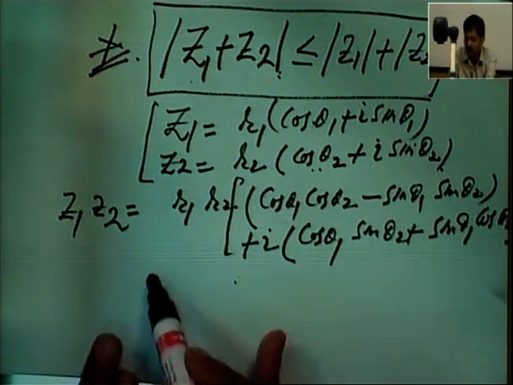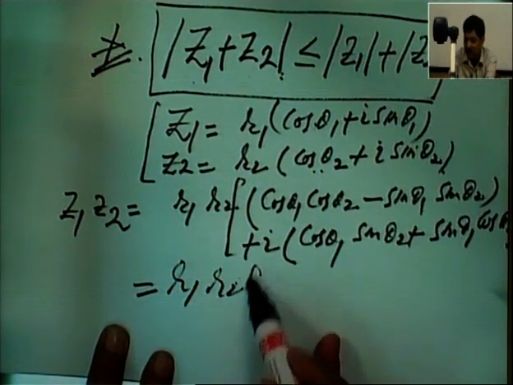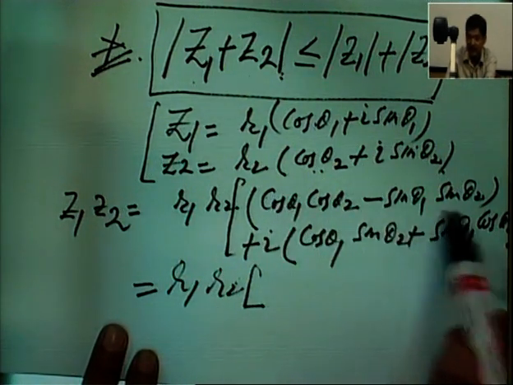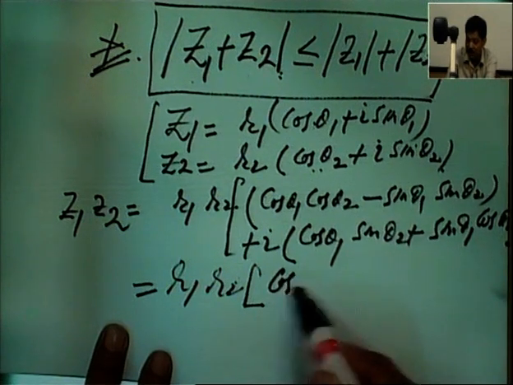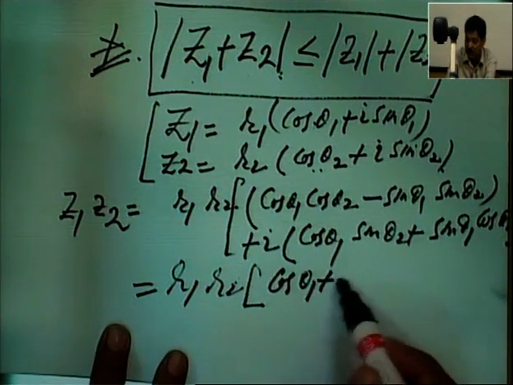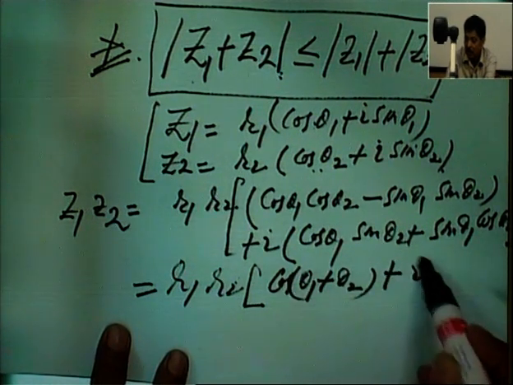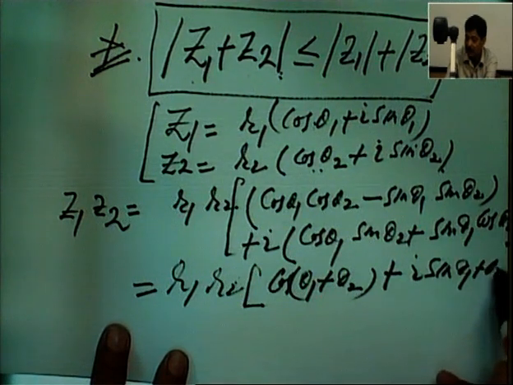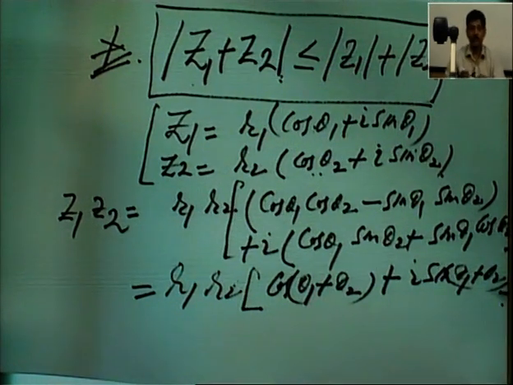Now, I will use just a very trivial result. As you remember, cos A cos B minus sin A sin B is cos of A plus B. So, this is cos of theta 1 plus theta 2 plus i sin of theta 1 plus theta 2.